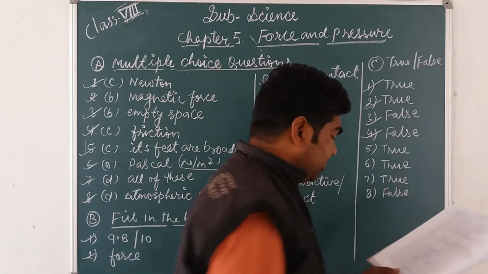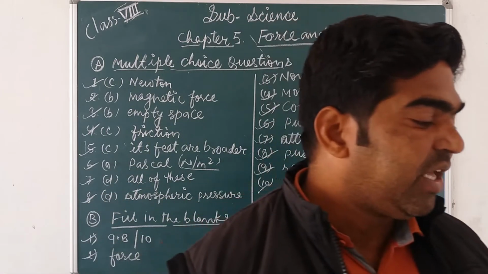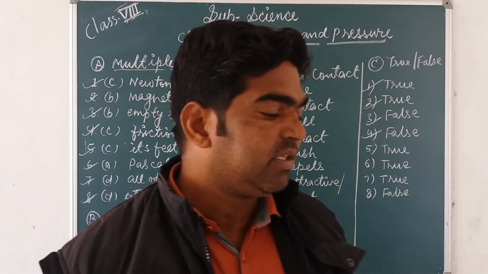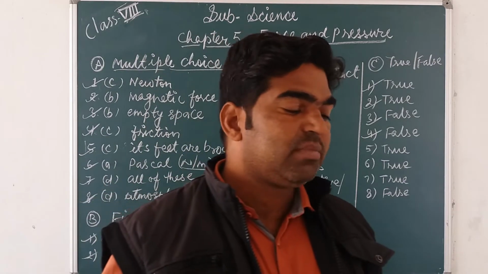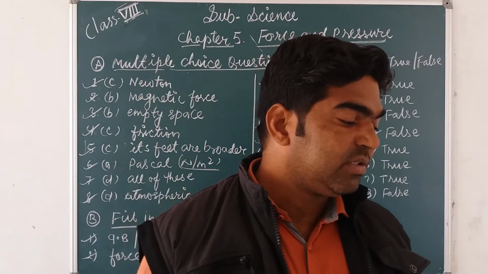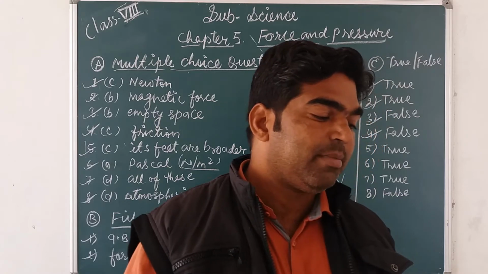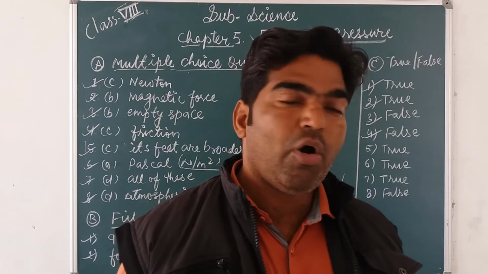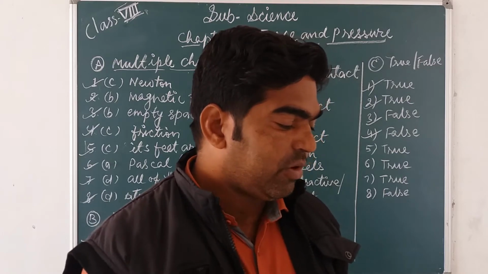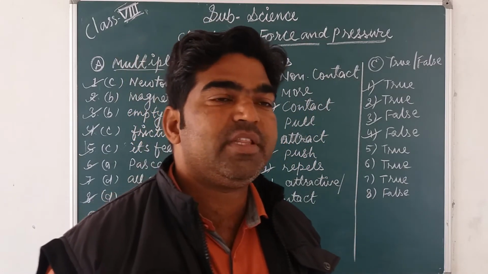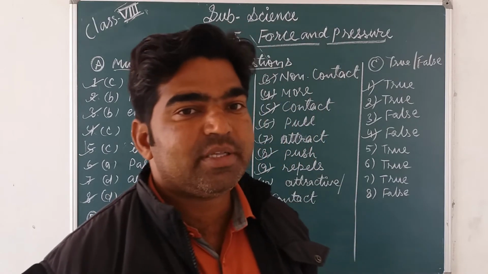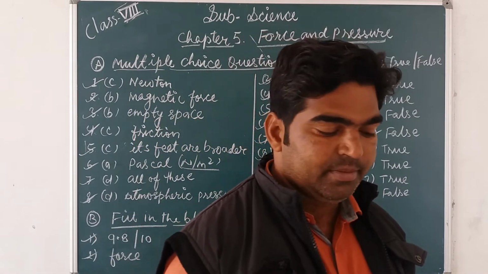Fourth is false. Fifth: pressure in a liquid at the same depth is the same in all directions. Obviously, if it is at the same depth, then the pressure in that liquid is the same in all directions. Because we know that pressure can vary with the height or distance or altitude.